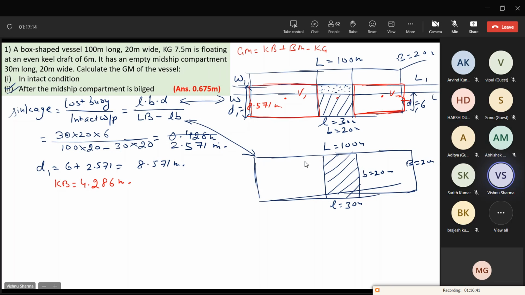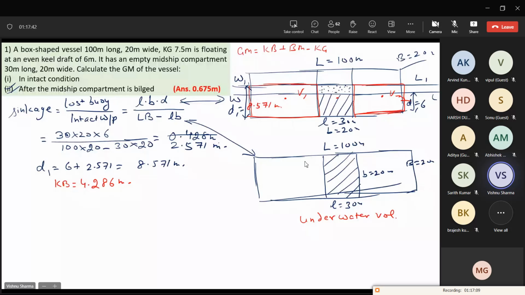Since we will have more complexities coming in the questions that follow, what we will practice is, instead of adding V1 and V2 moments, we will say, what is the vertical moment of the underwater volume? I'm using the term underwater volume.